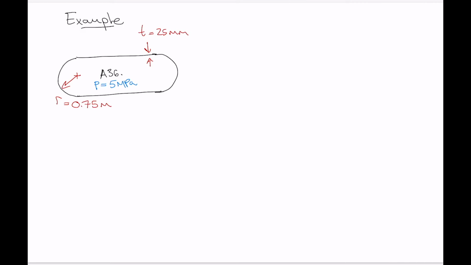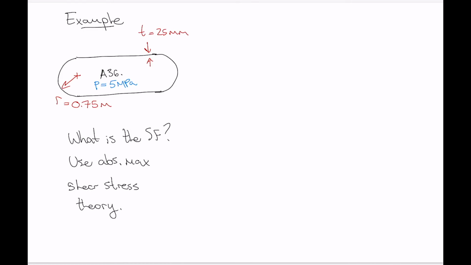Okay, so what we want to know in this question is simply what is the safety factor for this tank? And we'll say use the absolute maximum shear stress theory. Okay.